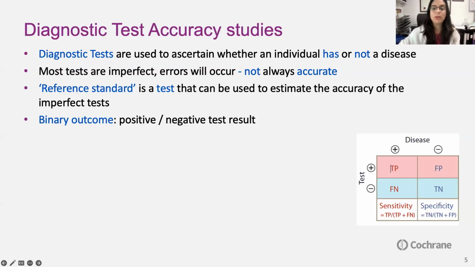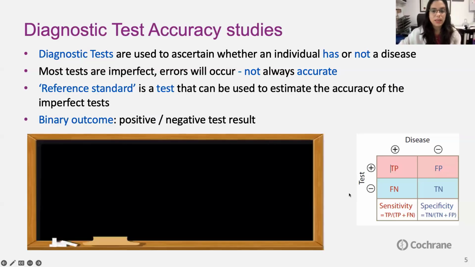To do this, we use the reference standard as the reliable or the optimal test to infer the presence or absence of the disease. And through this assessment, we get a binary outcome, a positive or a negative test result, such as the COVID-19 test results, for example. We have positive test results for individuals and negative test results for individuals.